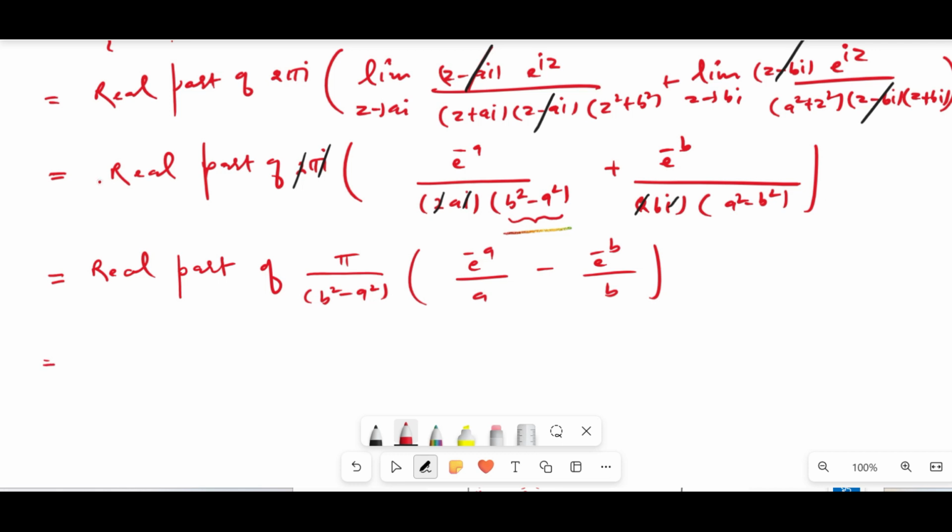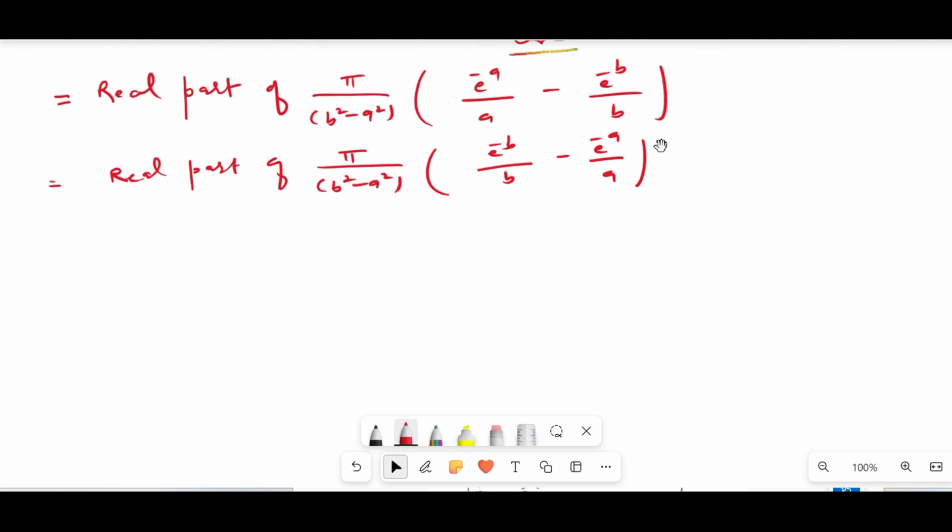So in the standard form this can be written as the real part of pi upon (b square minus a square) times (e to the power of negative b upon b minus e to the power of negative a upon a).